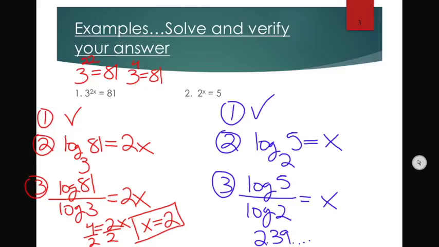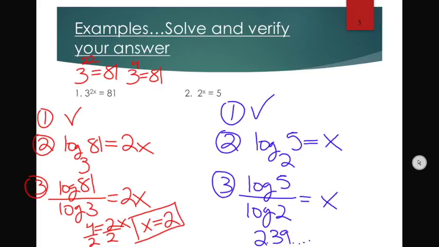So in order to check this one, if I do 2 to the second answer, I should get 5. So if I do 2 to the second answer, that's the negative button right next to enter, I should get 5. And that's how I'm going to check to see if my answer actually works.